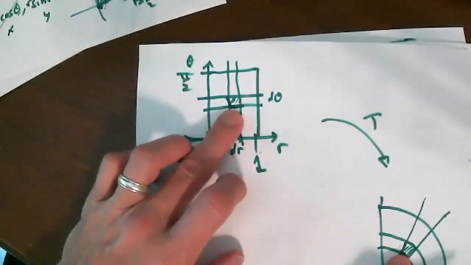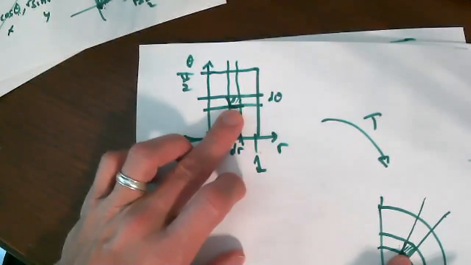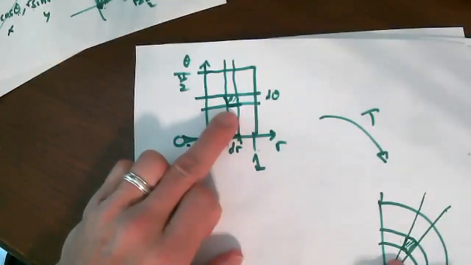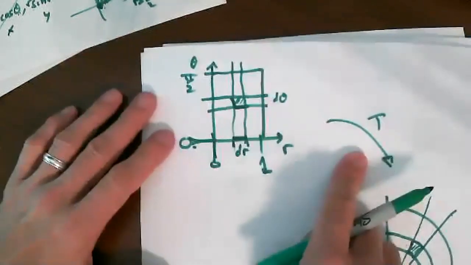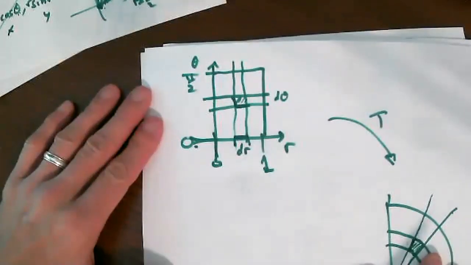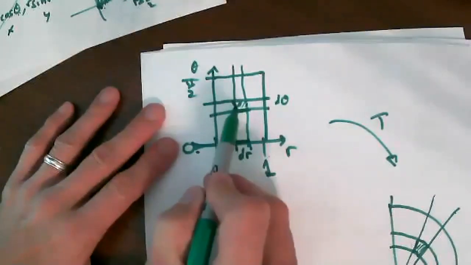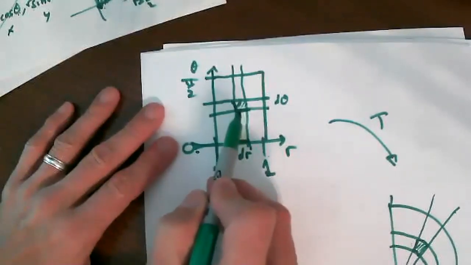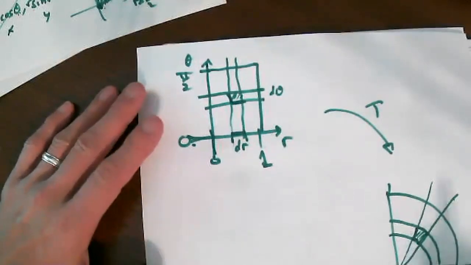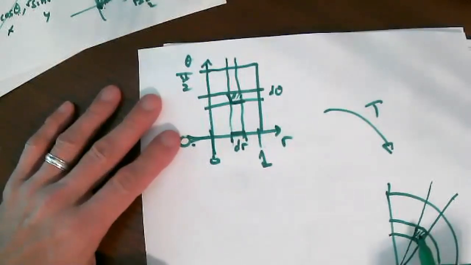So here's the thing you need to ask yourself. How much does area change when you apply a transformation T? If you have a transformation T that moves points in R2 and gives you other points in R2, then it will do things like move little rectangles and squish them so that they turn into other little patches of the plane that are not even rectangles anymore.